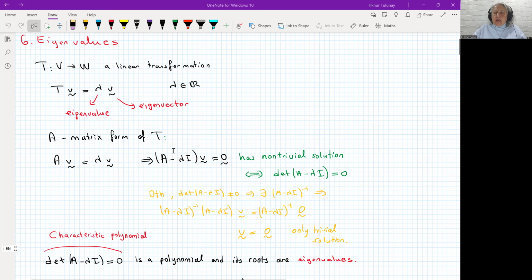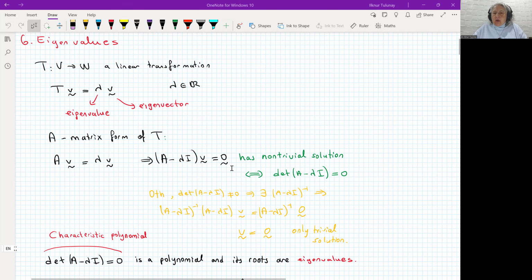So this is a matrix, n by n, a square matrix. And then you're multiplying a vector in Rn, then you will have a vector in Rn. So this is the 0 vector in Rn.